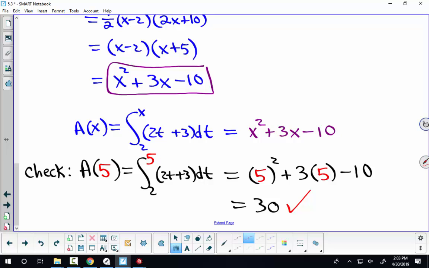If I give you any stopping point, we could ask what's the net area from 2 to that stopping point on this function, and always draw out that quadrilateral and find the area that way. Or instead, now we can say, if my stopping point is x, to find the area all I have to do is square it, add 3 times it, and then subtract 10, and that will give me the same area every time. Any questions on that?